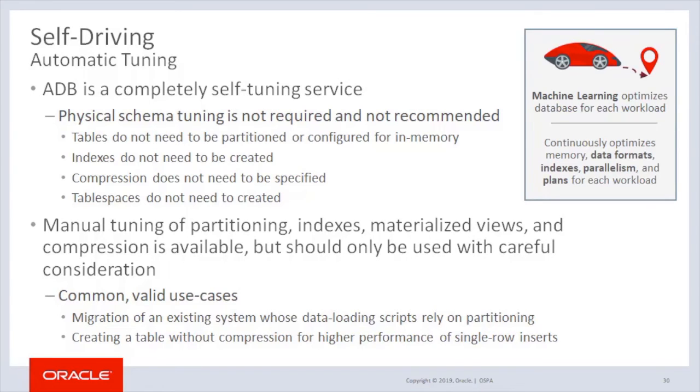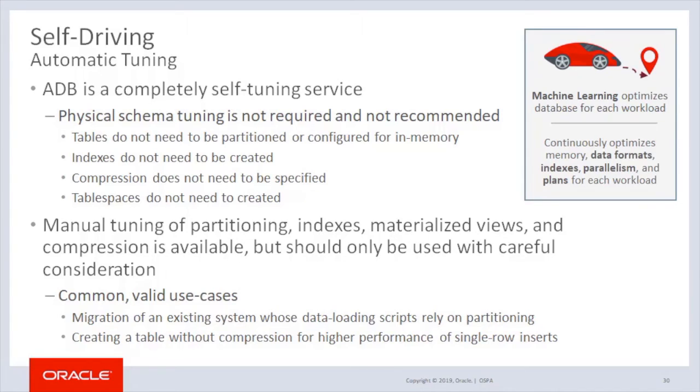Number 2, in general, indexes should not be used on tables for performance reasons. Autonomous Database and the Exadata platform it runs on provide automatic enhanced indexing for data retrieval that in most cases performs better than manual indexing. Number 3, Autonomous Databases use compression of data in the database, so additional compression does not need to be used.